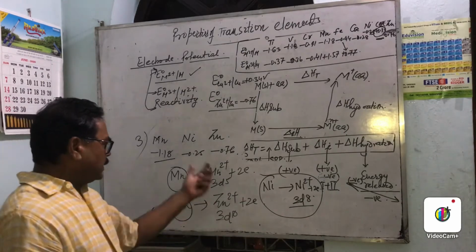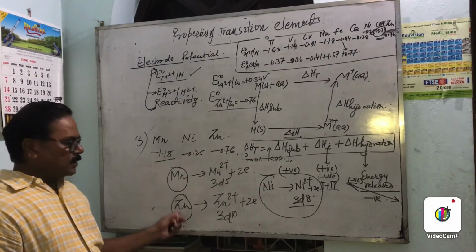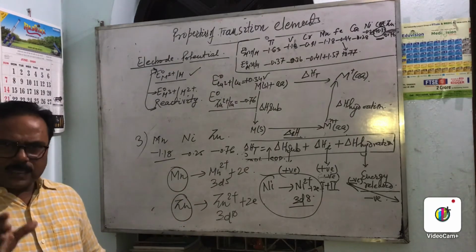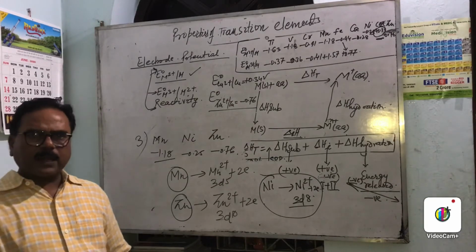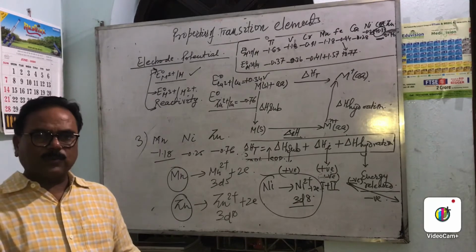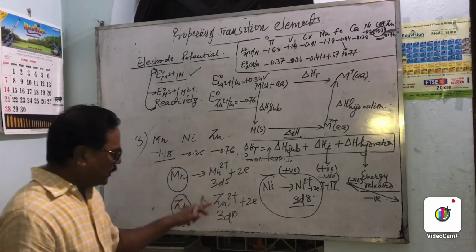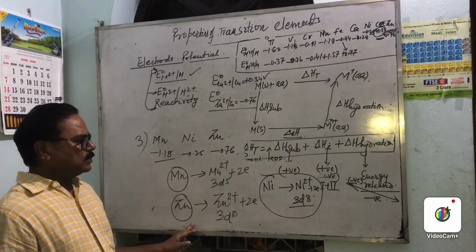That's why, if you see the value for Mn and zinc, and anybody asks why they will lose electron, it is by seeing the electrode potential value, because it is negative, they are active and they will lose electron. If they lose electron, then it is oxidation and the process is said to be the reduction. Is it clear? So the agent is called the reducing agent.